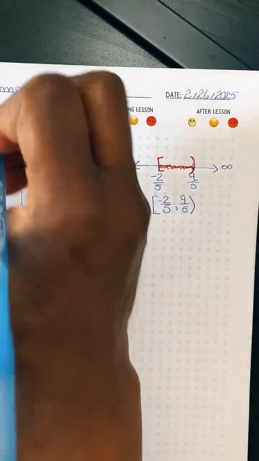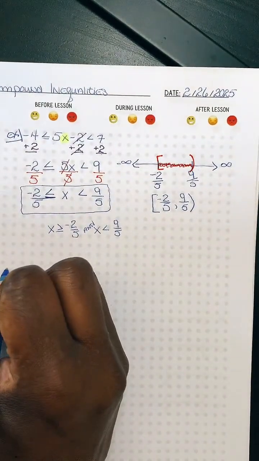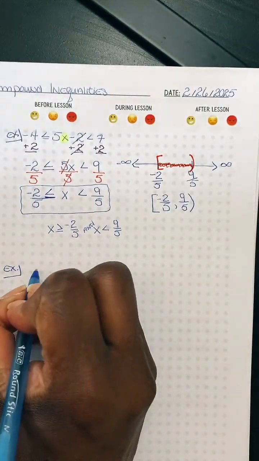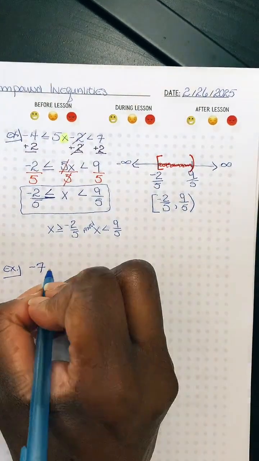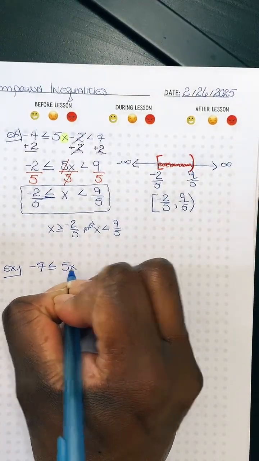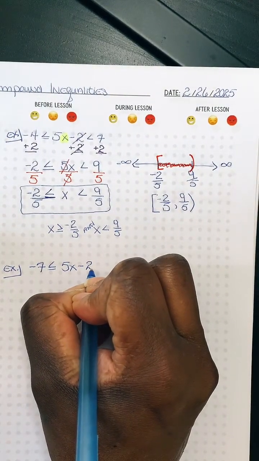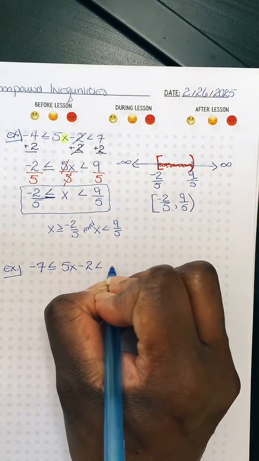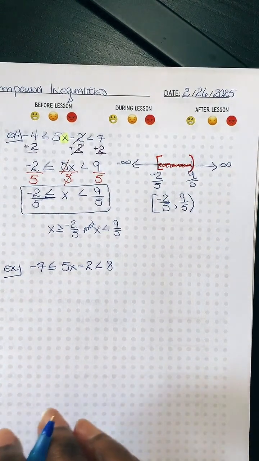Okay, so that was an example. Let's get with another example. So while I'm setting up, if you want to go ahead and tap the screen, I will greatly appreciate that. Then we have x minus 2. Okay, we can do it like that.